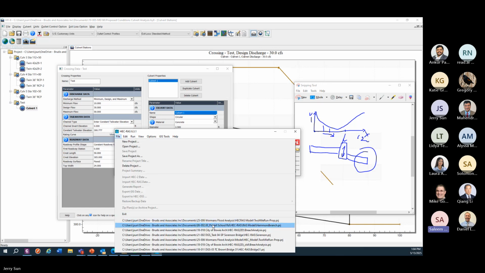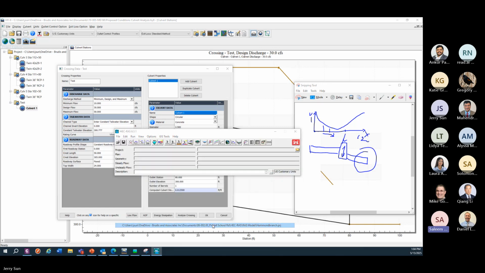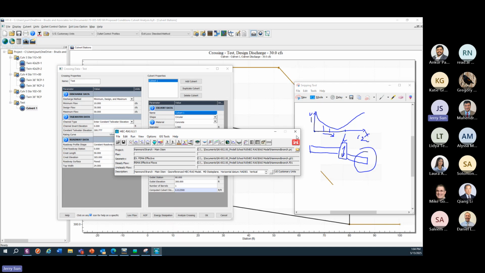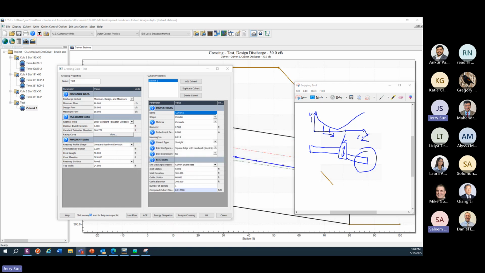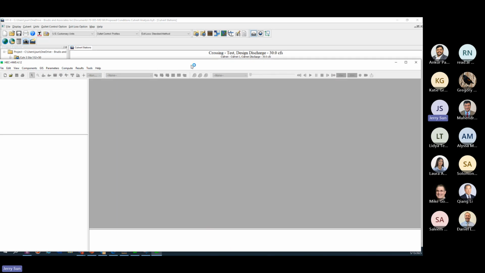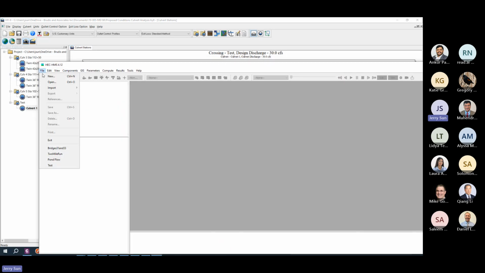This is HEC-HMS. Oh, okay. You are showing a big watershed. There were three or four sub watersheds. That's the TC Brown bridge where we calculate.